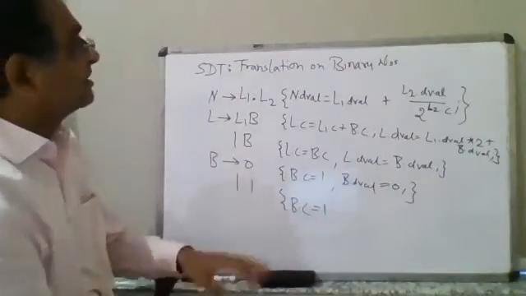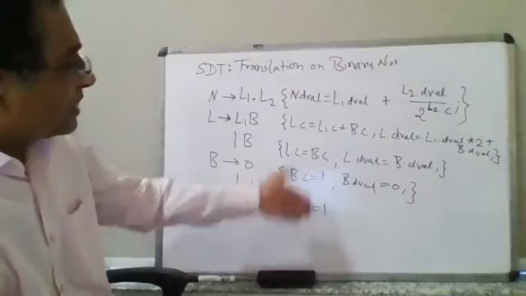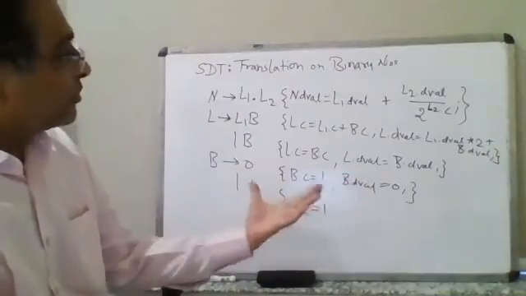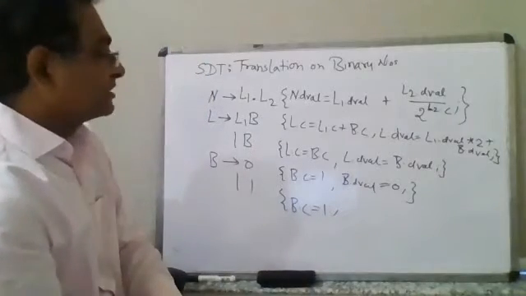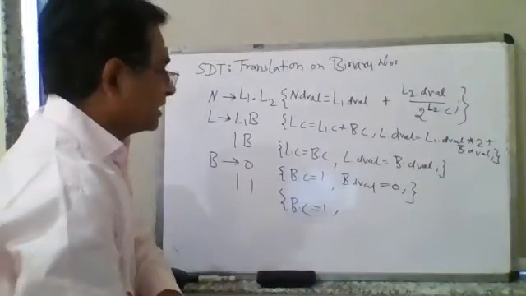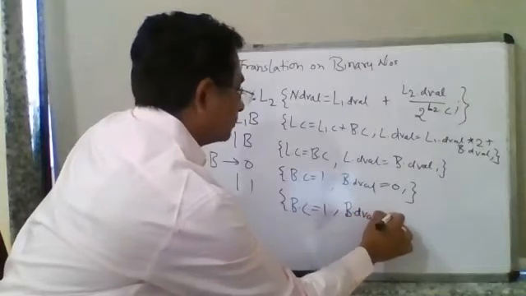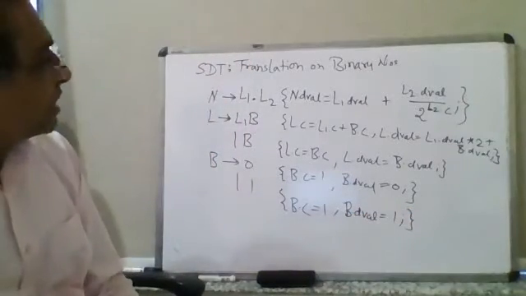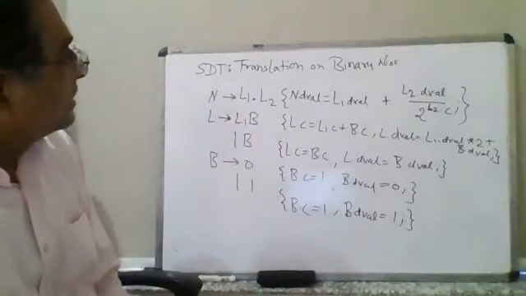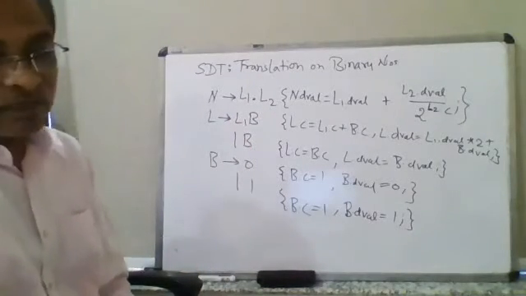We have seen this earlier when we started with this binary example, that if both are 1, we can calculate the total number of digits, the bits which are present inside the binary number, right? And what is in this case the decimal value for this? B dot dval equal to 1, right? So in this way, this would be the appropriate SDT for the translation on binary numbers with a decimal point in between, right?